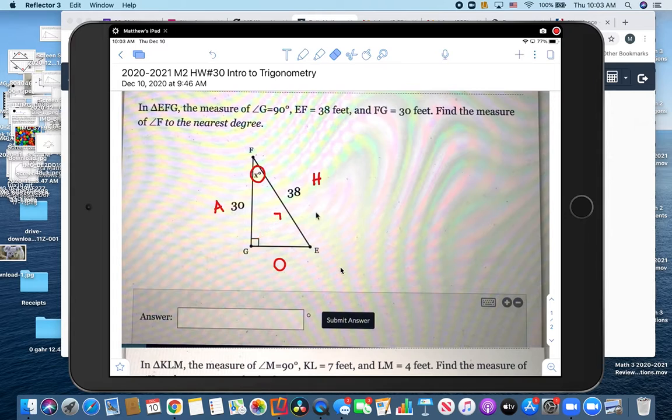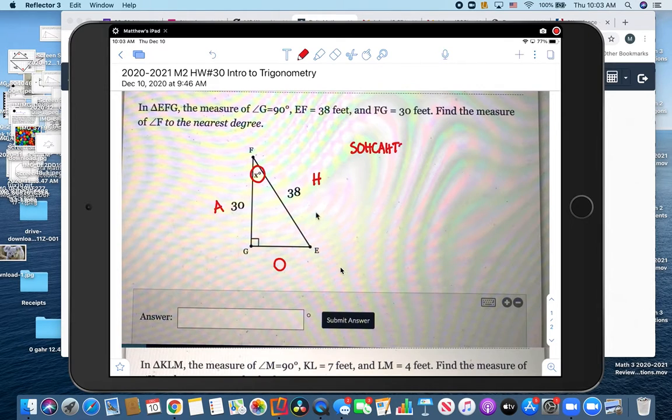So first label those so that you remember which one's adjacent, opposite, and hypotenuse. And then from here, we know there's information at the adjacent side and the hypotenuse. So use SOHCAHTOA, like in your notes.